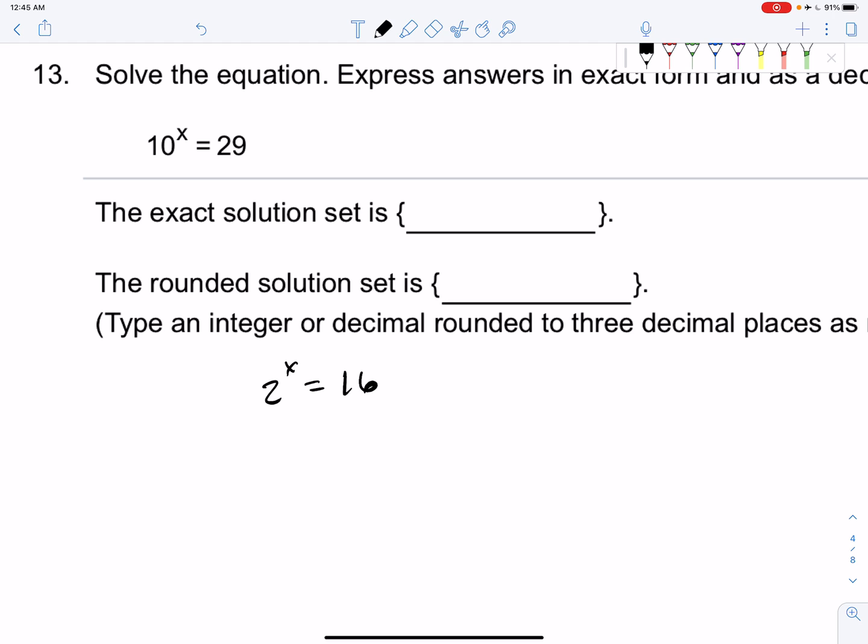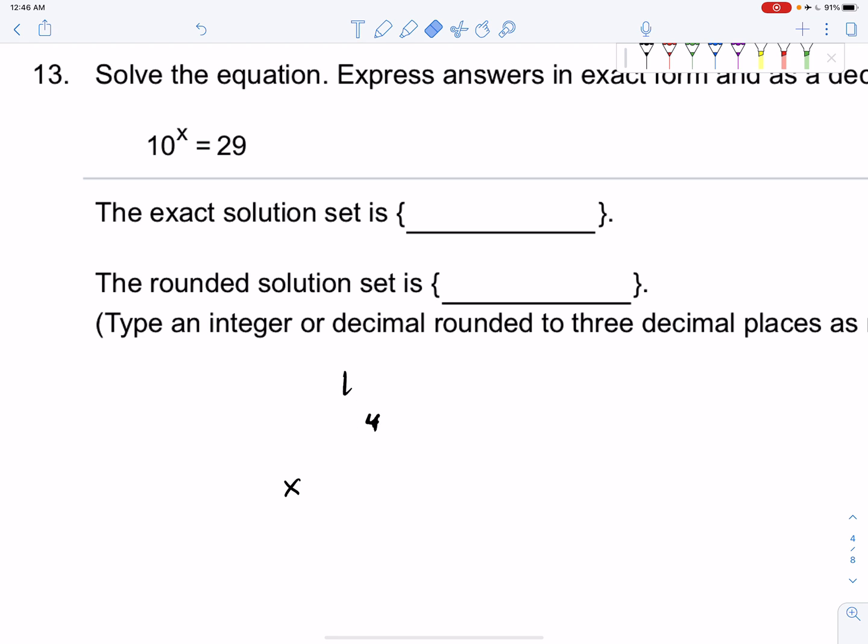Oh, 2 to the 4th. But what they wanted us to do is to rewrite 16 as a base of 2. And once the bases are the same, then the exponents are equal. Remember that? Okay, well, all that was great.